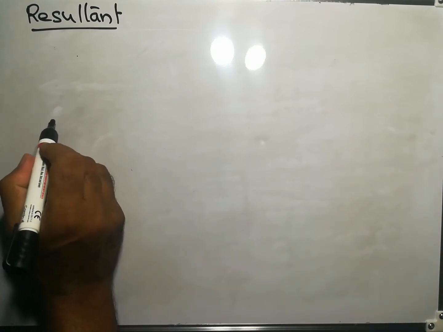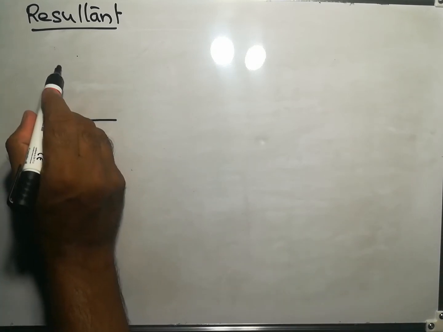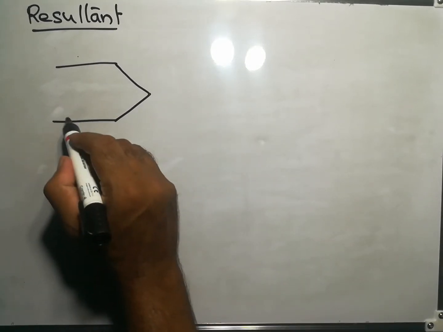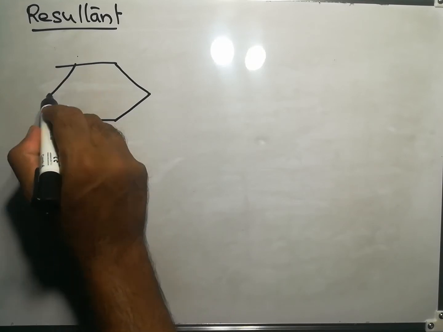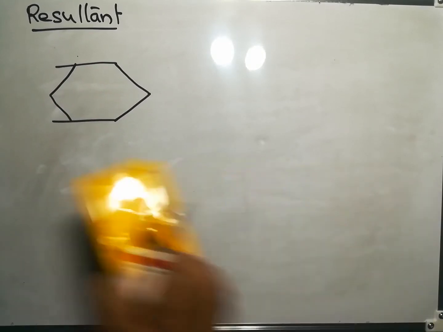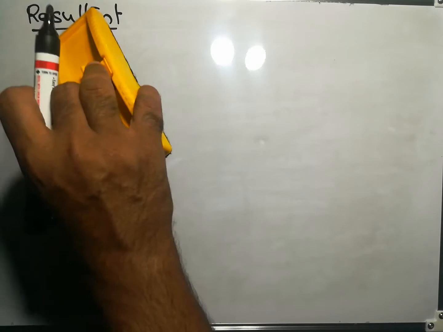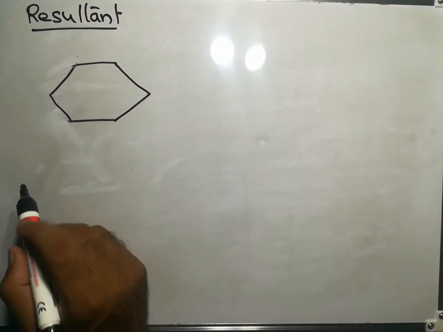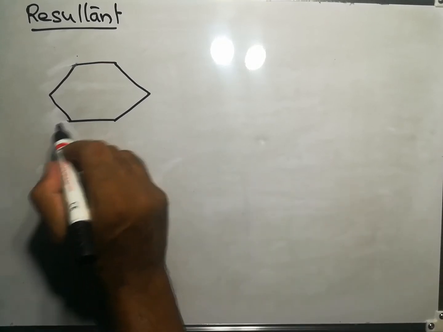Let this be the hexagon on which a number of forces are acting. A regular hexagon means a hexagon with edges of equal length.